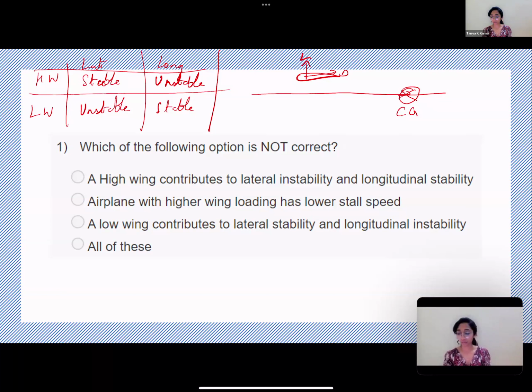Okay, so now can you tell me why this high wing configuration is unstable? If your aircraft has just a wing, is it stable?